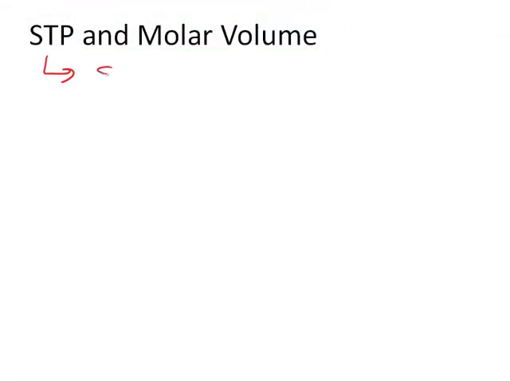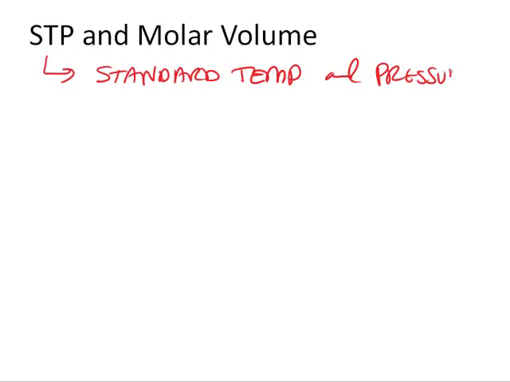And this is standard temperature and pressure. And all this says is that we're going to define a few experimental conditions, specifically temperature and pressure, so that when we do experiments with gases and we discuss them or display data, we know primarily what experimental conditions these experiments were held under.